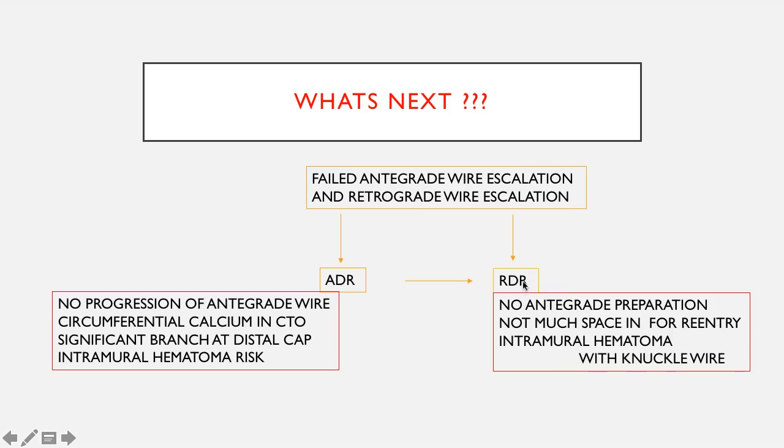In retrograde dissection re-entry, the dissection can be created only with knuckle wire, so it increases possibility of intramural hematoma and possibility of slow flow subsequently in the coronary. So out of the two strategies, we favored antegrade dissection re-entry despite the side branch and distal cap, because this appears more practical for this case than a retrograde dissection re-entry.